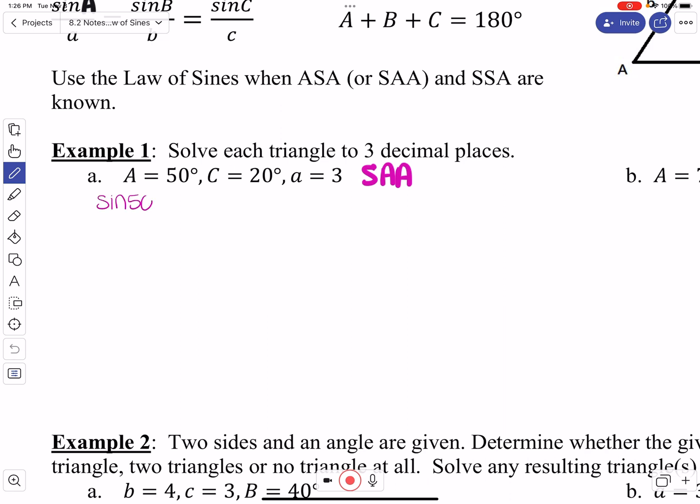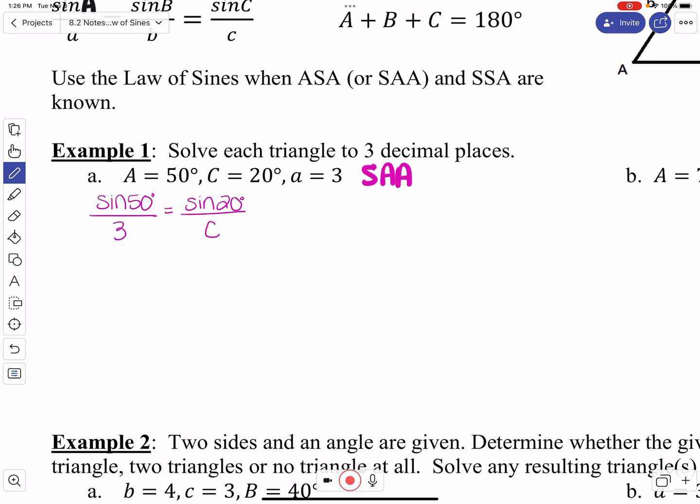We would have the sine of 50 degrees over 3. And we can start off by solving for side C. So we can do the sine of 20 over side C.